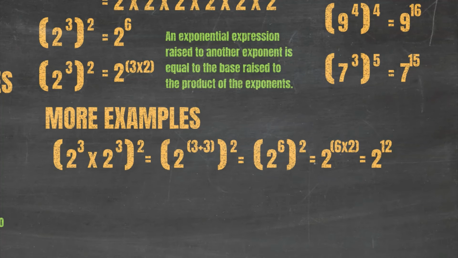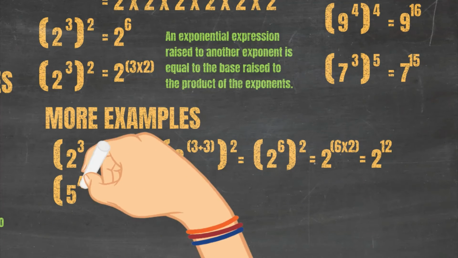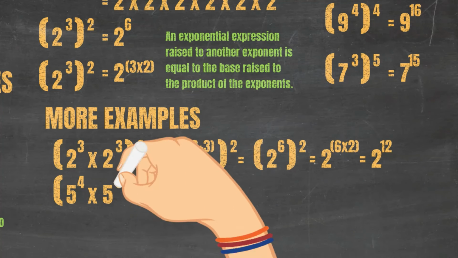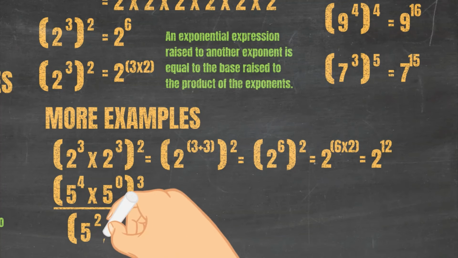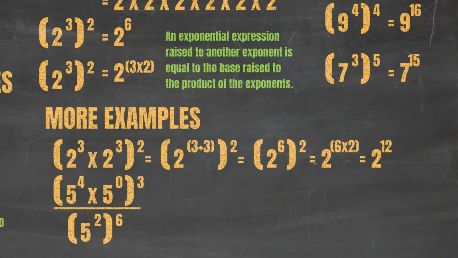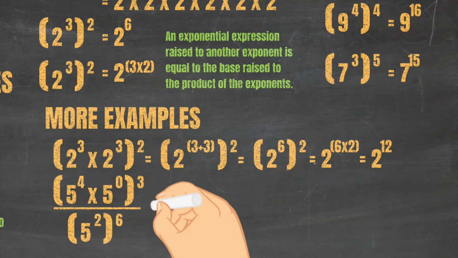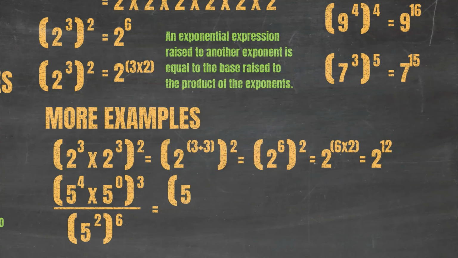Next example. The quantity of 5 to the power of 4 times 5 to the 0 power cubed divided by the quantity of 5 squared to the 6th power. Let us start with the dividend or the expression on top. We know that 5 to the power of 0 is 1. 5 to the 4th power times 1 equals 5 to the 4th power. The dividend or the expression on top then becomes 5 to the 4th power cubed.